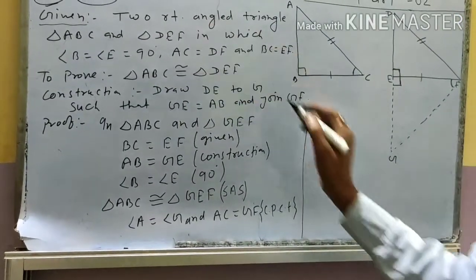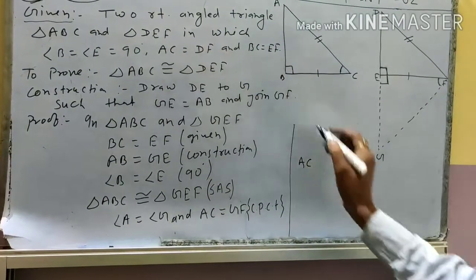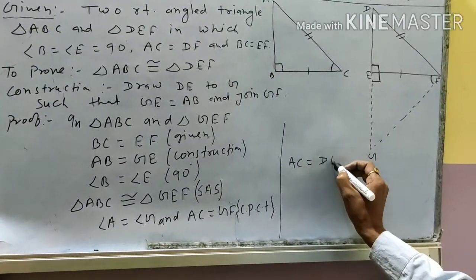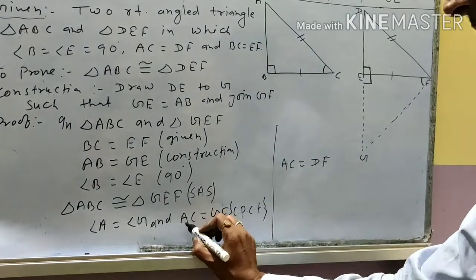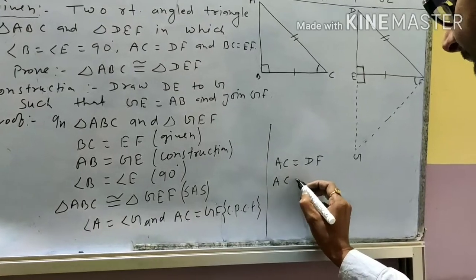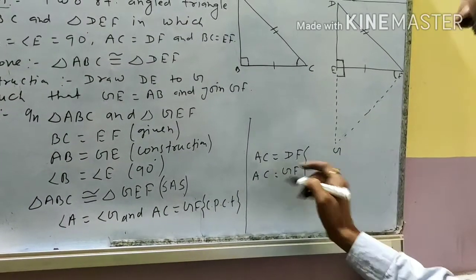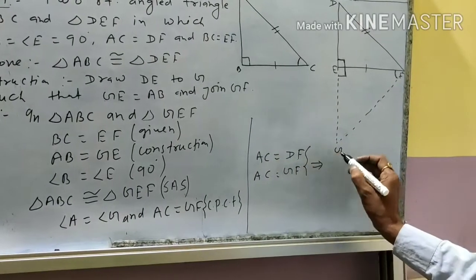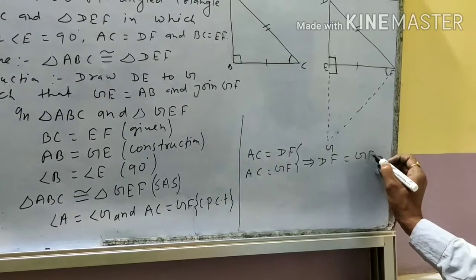In the given information, AC is equal to DF, and here AC is equal to GF. Since AC and AC are equal, we can write DF is equal to GF.